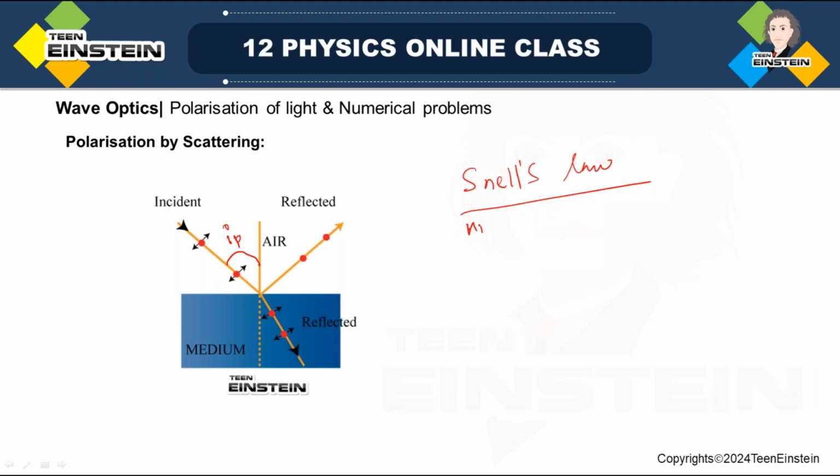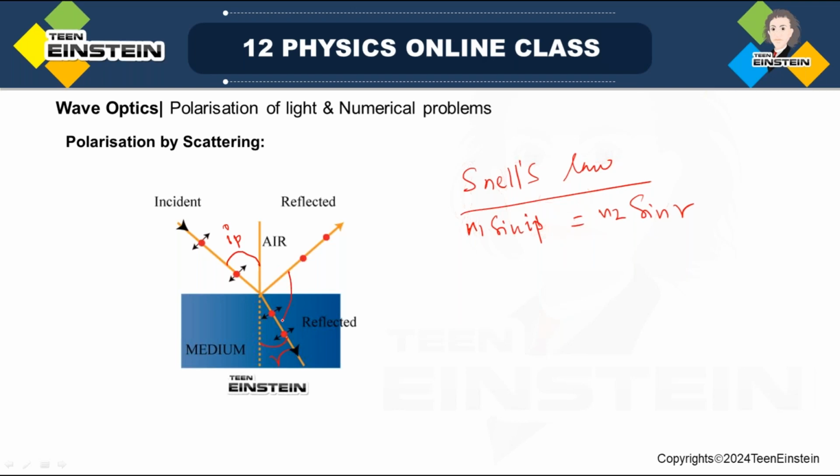We know N1 sine I_P is equal to N2 sine R, let us say this angle is R. Now see the relation between R and I_P.